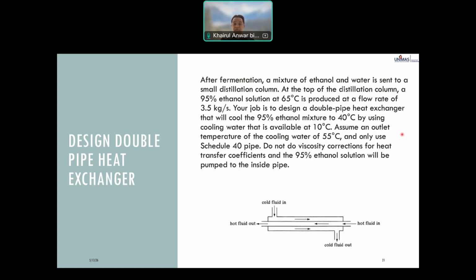Your job is to design a double pipe heat exchanger that will cool the 95% ethanol mixture to 40 degrees C by using cooling water that is available at 10 degrees C. Assume an outlet temperature of the cooling water of 55 degrees C and only use schedule 40 pipe. Do not do viscosity correction for heat transfer coefficient, and the 95% ethanol solution will be pumped to the inside pipe. Okay, so this is the heat exchanger.